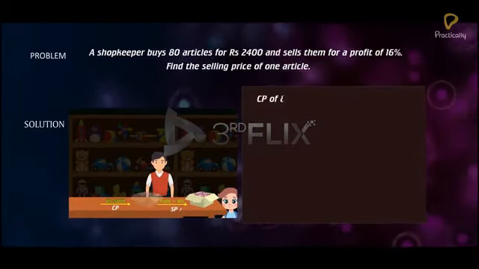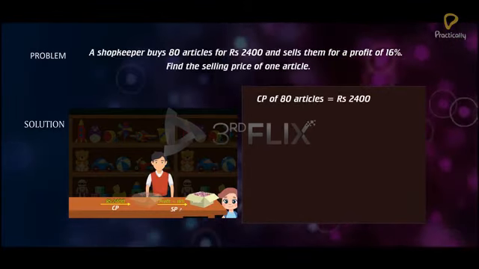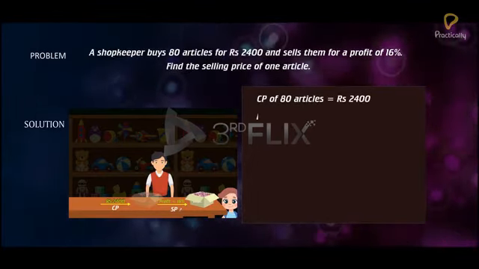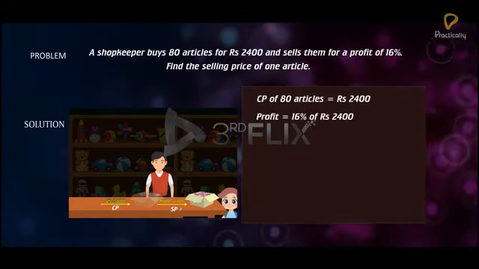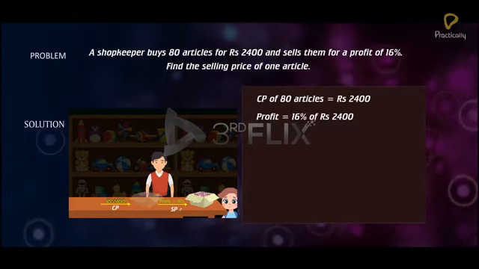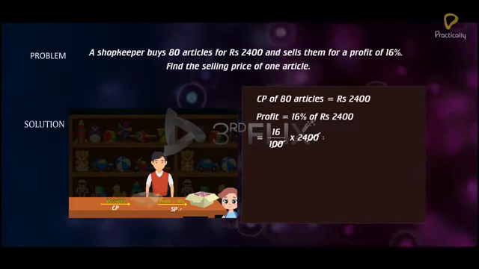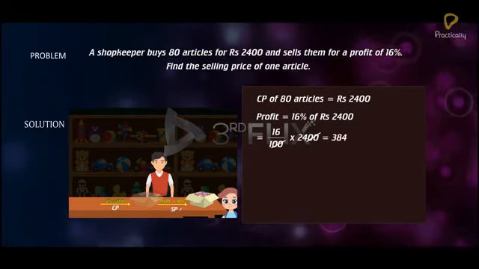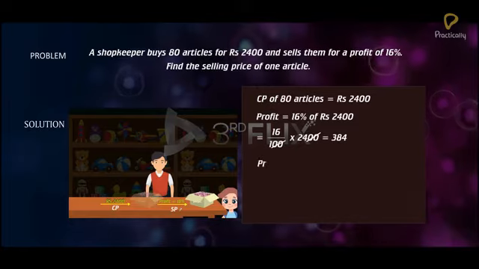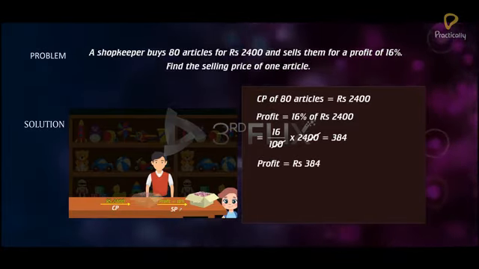Given, cost price of 80 articles is equal to rupees 2,400. Profit is equal to 16% of rupees 2,400. That is, 16 by 100 into 2,400, which is equal to 384. Profit is equal to rupees 384.